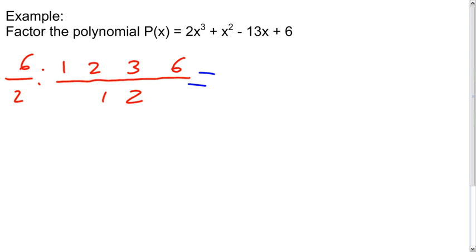So then I think it's useful to actually write out all the combinations. So you could do 1 over 1, which is 1, or 1 over 2, 1/2, or 2 over 1, which is 2, or 2 over 2, which is 1, so we don't need to write it again, we already have it, or 3 over 1, or 3 over 2, or 6 over 1, or 6 over 2, which would be 3, and we already wrote that, so we don't need to write that again.